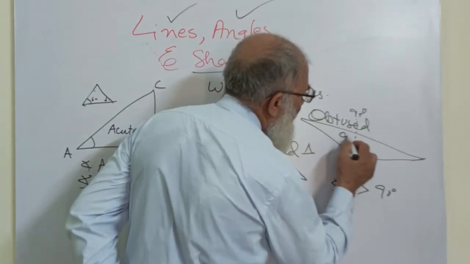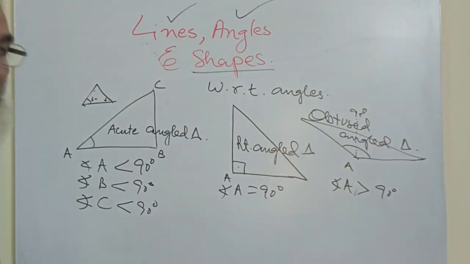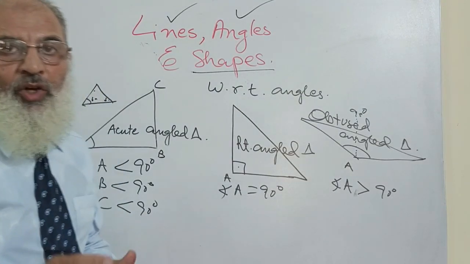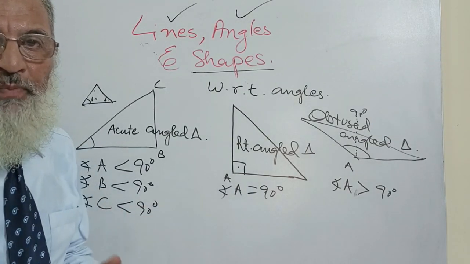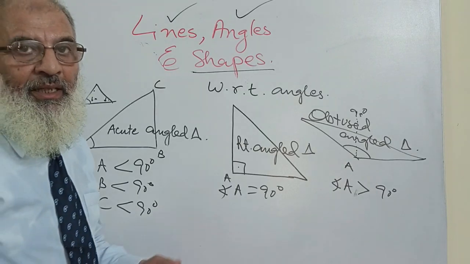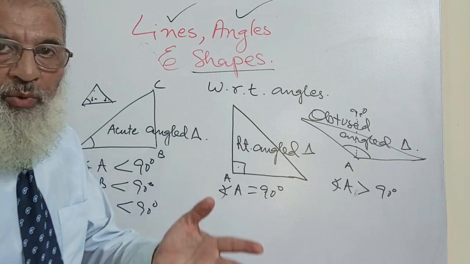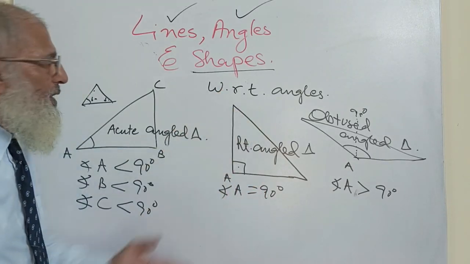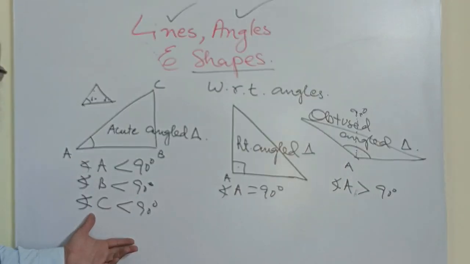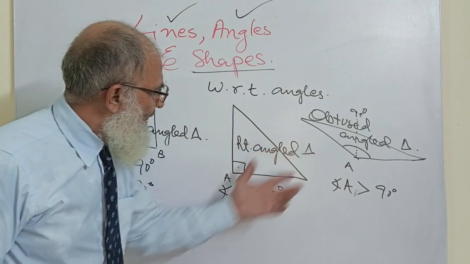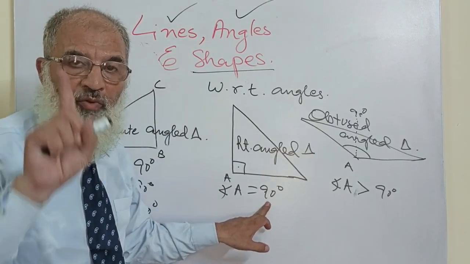Now this was the main classification of the triangles with respect to their sides and angles: scalene triangle, isosceles triangle, and equilateral triangle. And with respect to their angles only: acute angled triangle, where all the angles are less than 90 degrees, and right angled triangle, where only one angle in a triangle can be equal to 90 degrees. Two angles cannot be 90 degrees in one triangle.